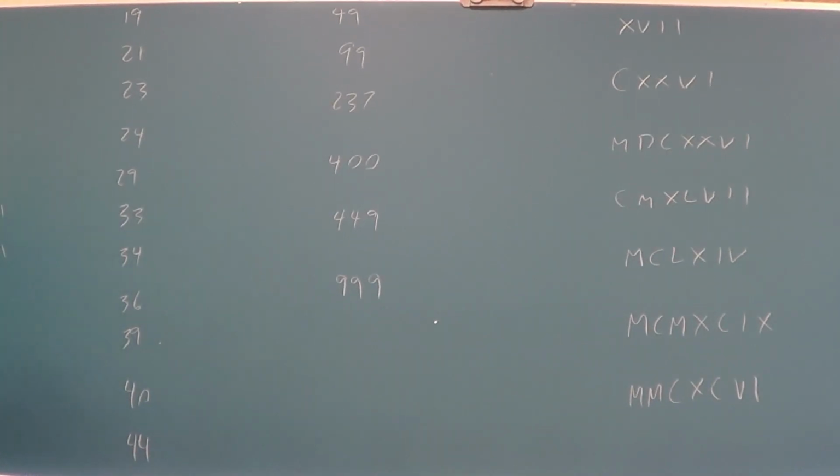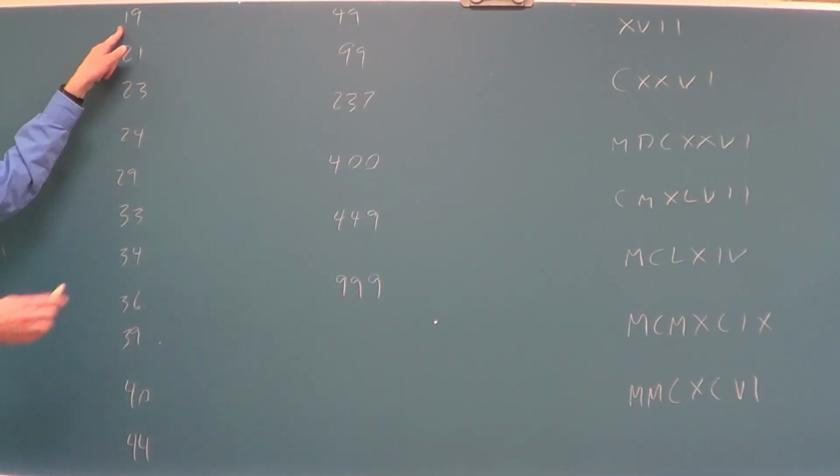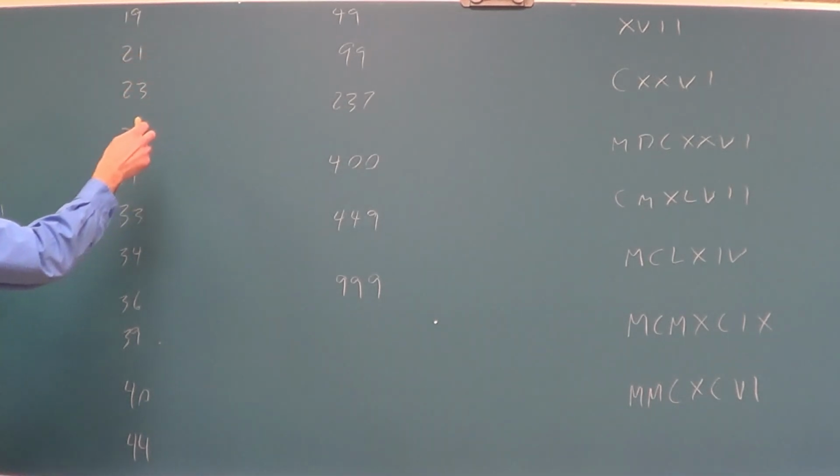All right. So let's keep on counting. I skipped some numbers in the middle, but let's just go up to 19. Can anybody do 19? X, yes. Anything that starts with a 1 is going to have to start with an X. We're going to have to build these a place value at a time.